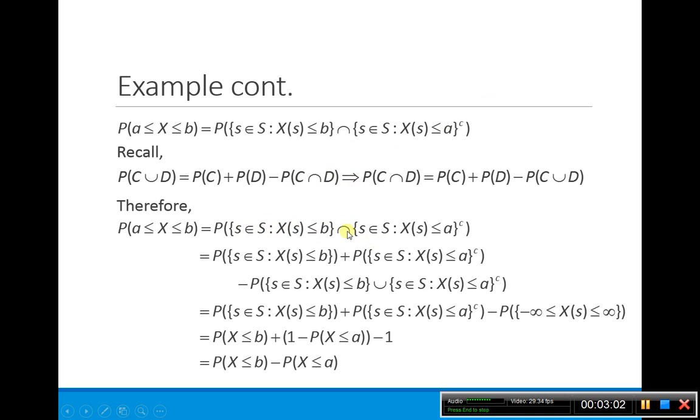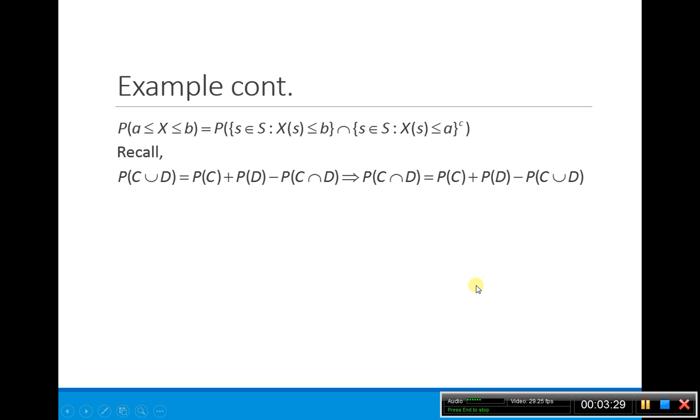We can rewrite this intersection as the probability of our first set, the probability of capital X less than or equal to B, plus the probability of our second set, the complement of capital X less than or equal to A, minus the probability of their union. Well, if you go back and look at the union here, what is the union of capital X being less than or equal to B and the complement of capital X less than or equal to A?